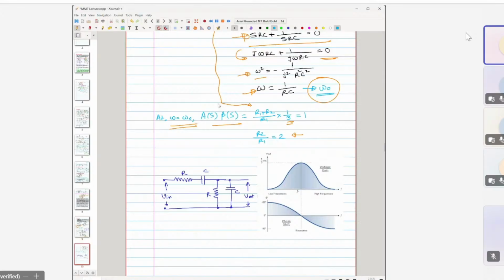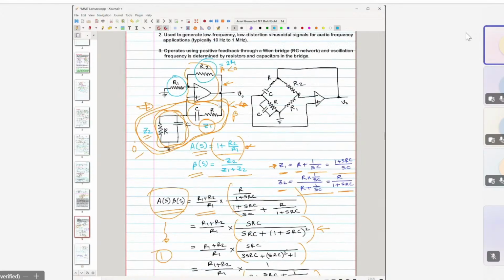Is that part clear to you? If this part is providing a gain of 3, then this part also has to produce an attenuation of 1 by 3. Then only the criteria would be satisfied, right? If this is 3, then it would be 1 by 3.